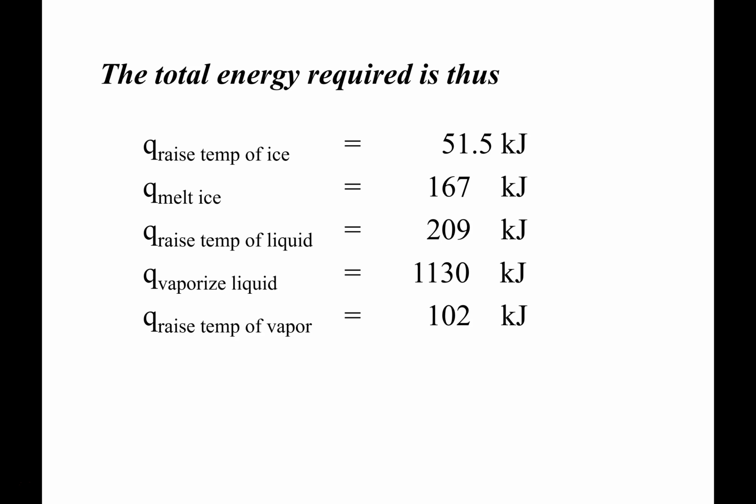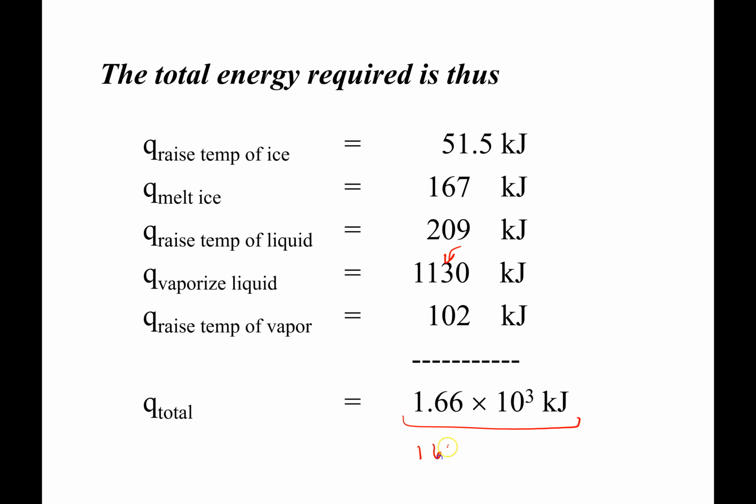So the fewest tens place I have is going to be in the tens of kilojoules. Let's see if I rounded it that way. Yeah, I did round it that way. So if you take this number and unpack it, you get 1660 kilojoules, which is rounding to the nearest tens kilojoules.